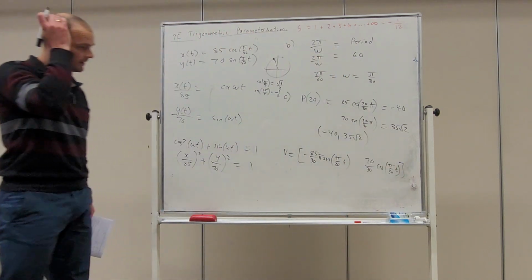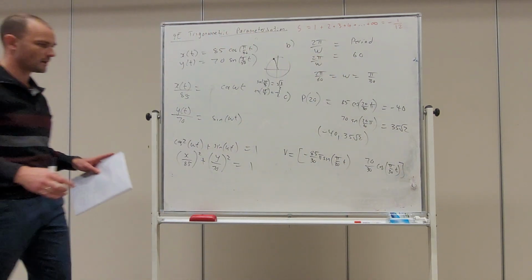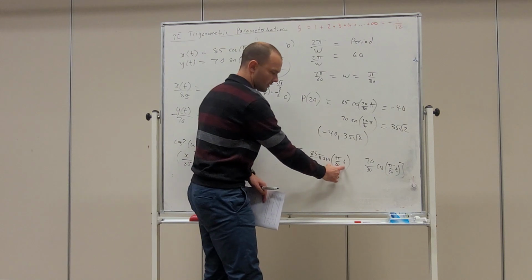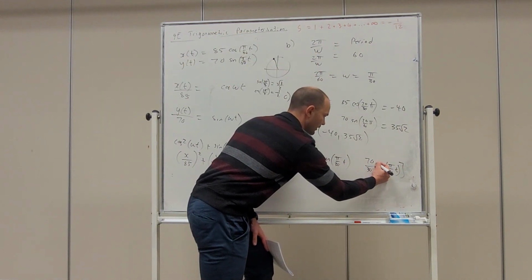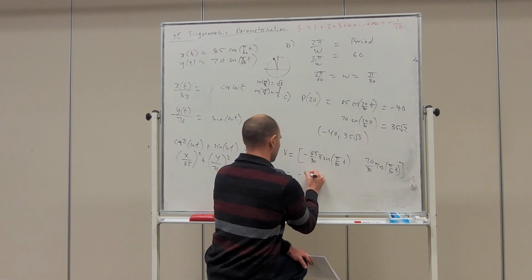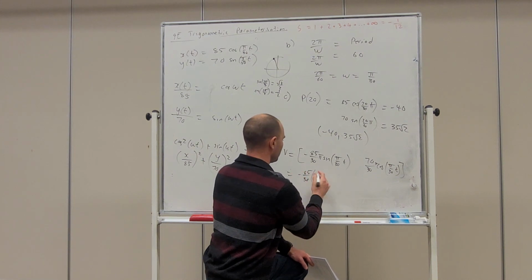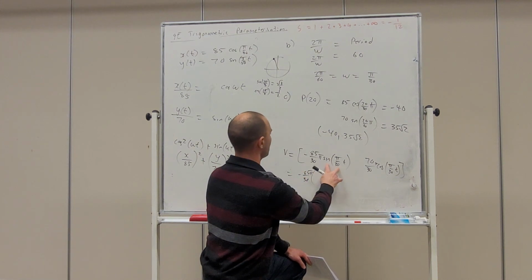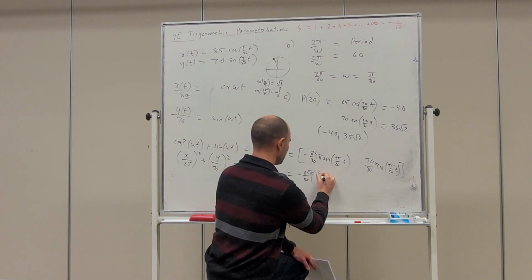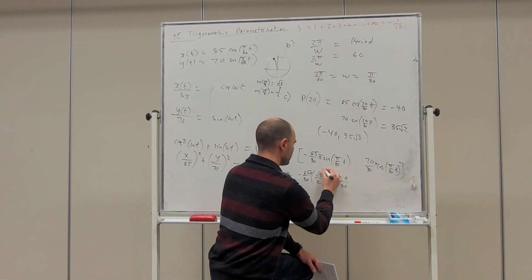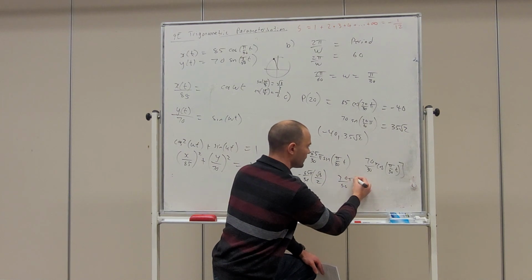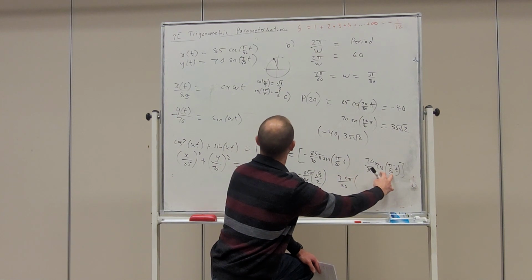So that's the velocity vector, and then we're going to put in when time is 20. So again, that's going to become sine of 2 pi on 3, cos of 2 pi on 3. That will simplify to minus 85 on 30 pi times sine of 2 pi on 3, root 3 on 2, and 70 on 30 pi times cos of 2 pi on 3, negative half.